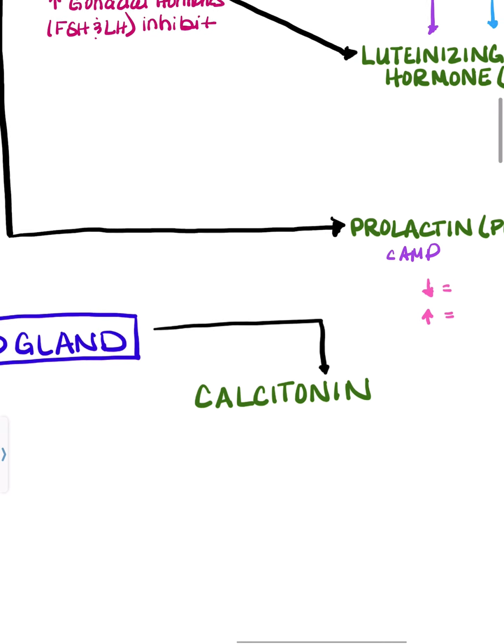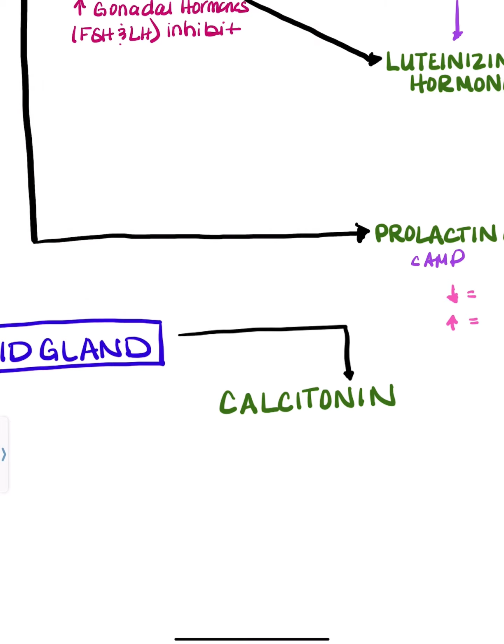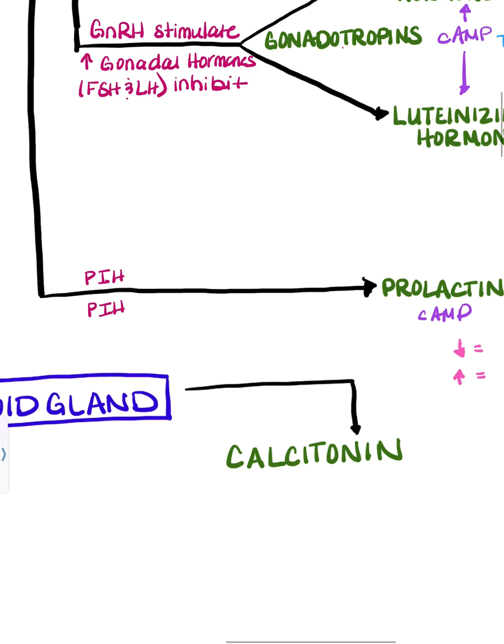Okay, so what stimulates its release from the anterior pituitary gland? We have something called PIH, which is prolactin inhibiting hormone. So before I go further into this, I do want to point out that the previous 5 hormones that we talked about being released from the anterior pituitary, all of those hormones go in to stimulate the release of another hormone.